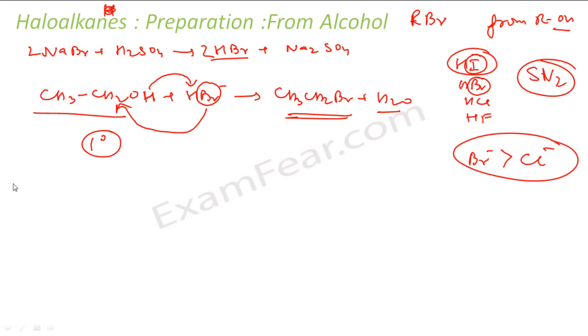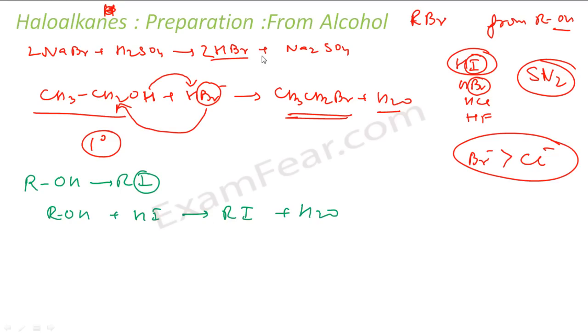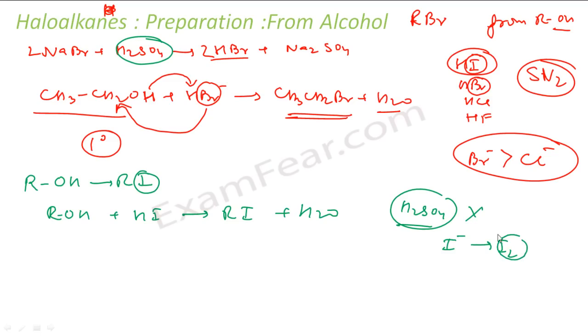Let's replace ROH and try to make RI. Instead, we'll use HI. The reaction will be ROH plus HI gives RI plus H2O. Similar to this, but here H2SO4 will not be used. Why? Because sulfuric acid is a very strong acid, and it will oxidize I minus to I2. But we need I minus for this reaction to happen. So we'll use H3PO4.